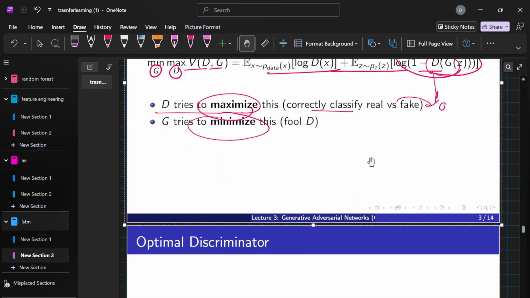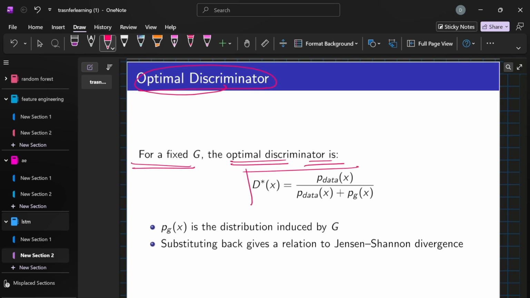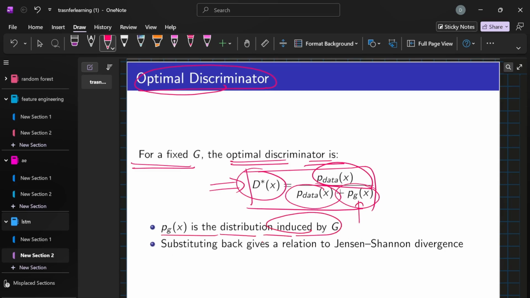Okay, now let's talk about the optimal discriminator. Now here's where it gets interesting. If you fix G and ask what's the best possible discriminator, you can actually derive a closed form answer. The optimal discriminator is D(x) equals p_data(x) divided by p_data(x) plus p_g(x), where p_g is the distribution that the generator is implicitly producing.